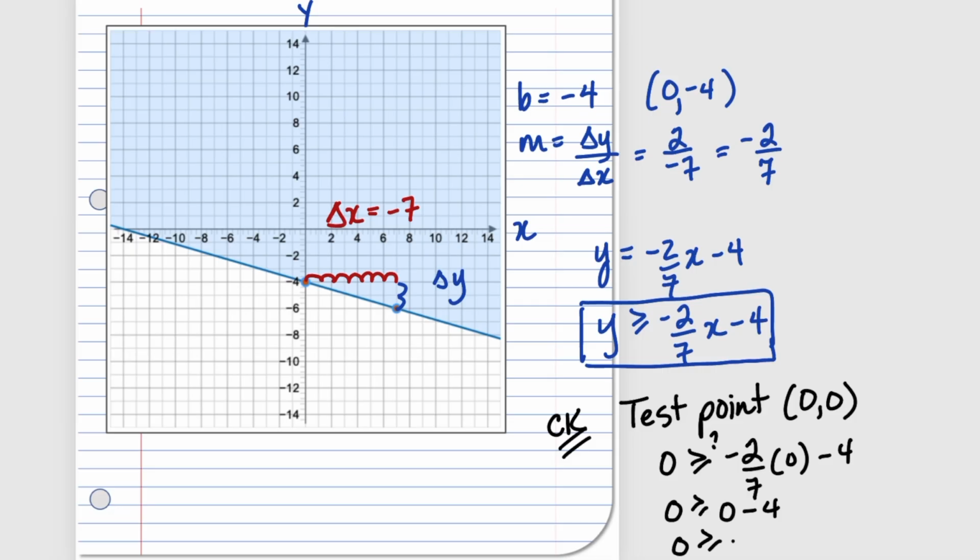Is 0 greater than or equal to negative 4? And yes, it's true. Therefore, we're right. 0, 0 is in the shaded region.